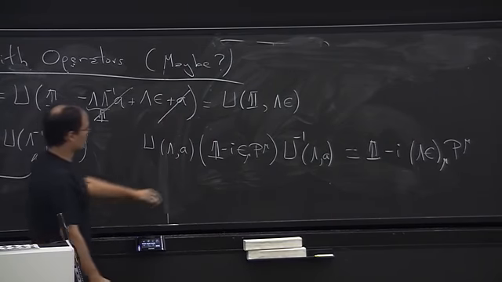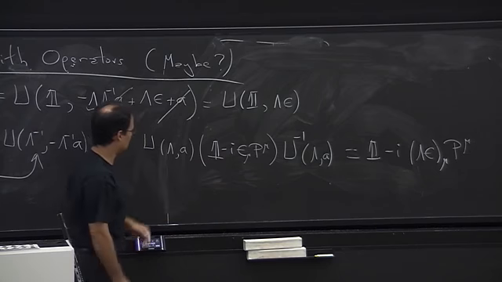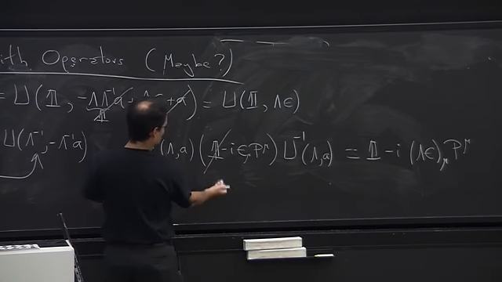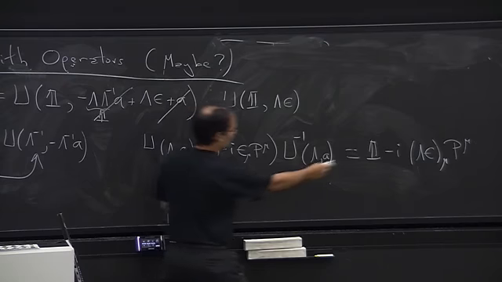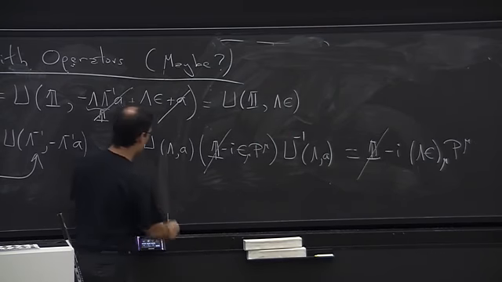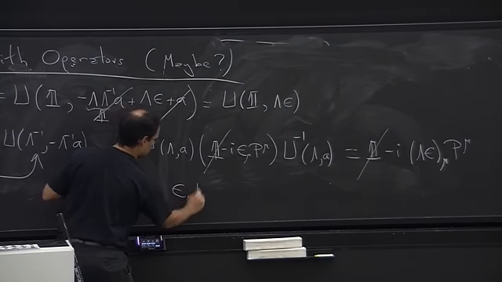Okay? Now, clearly, the identities cancel on both sides because this operator with this operator sandwich acting on the identity will give me back the identity, and that cancels with this term.